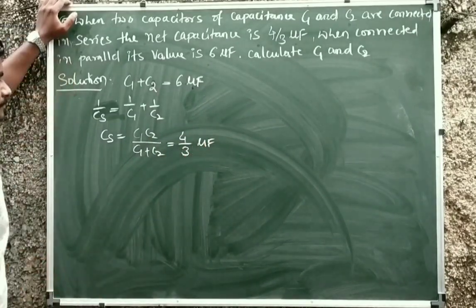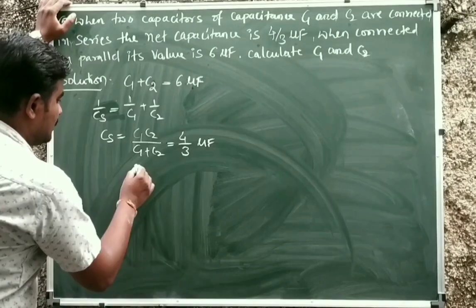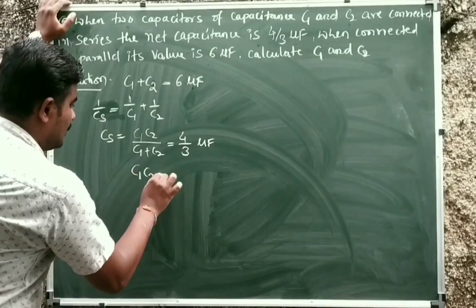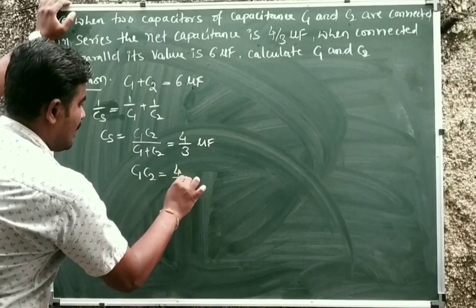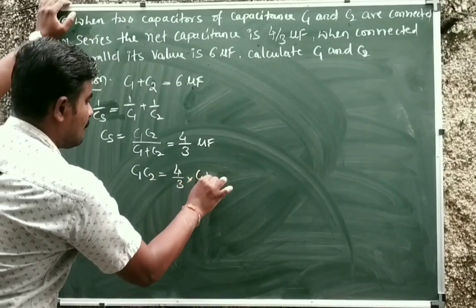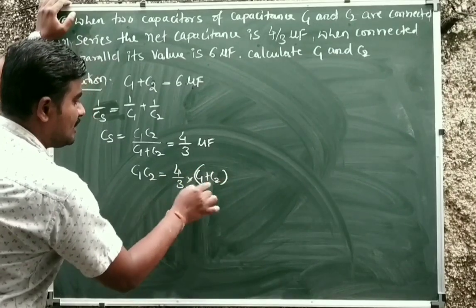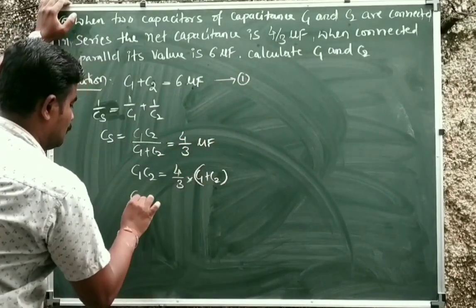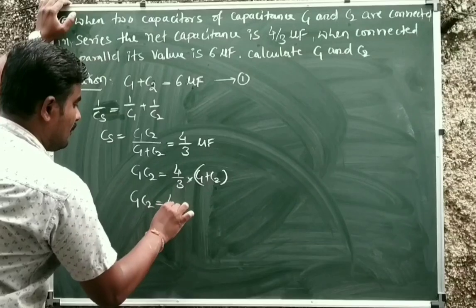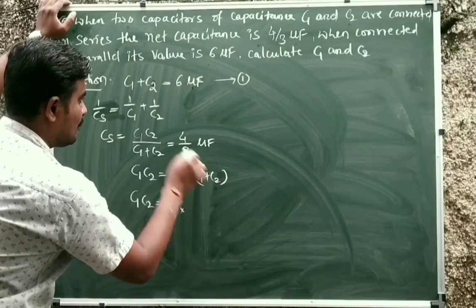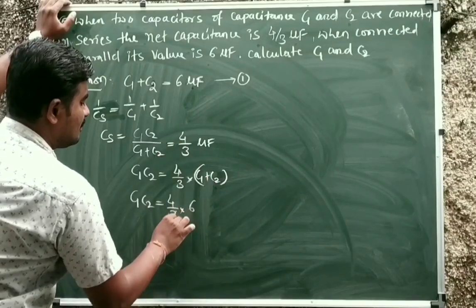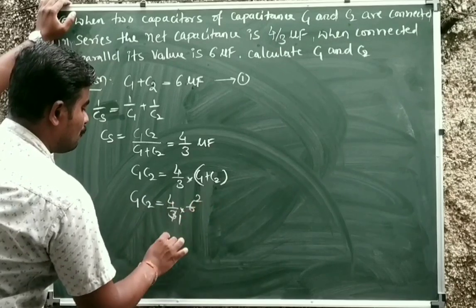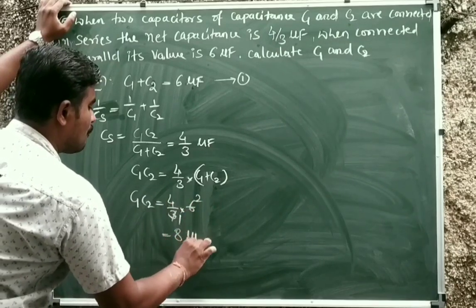So C1 C2 is equal to 4 by 3 into C1 plus C2, and let us call the earlier one equation 1. So C1 C2 is equal to 4 by 3 into C1 plus C2, whose value is how much? It is 6. 3 1s are 3, 3 2s are 6, so 4 2s are 8 microfarad.